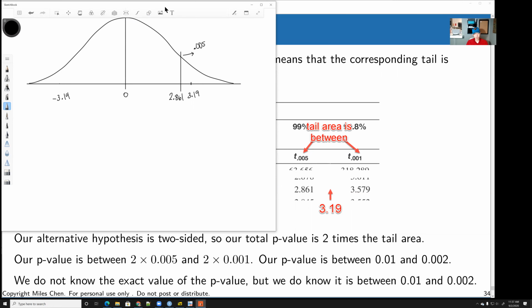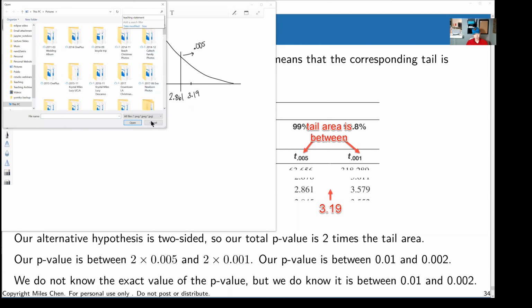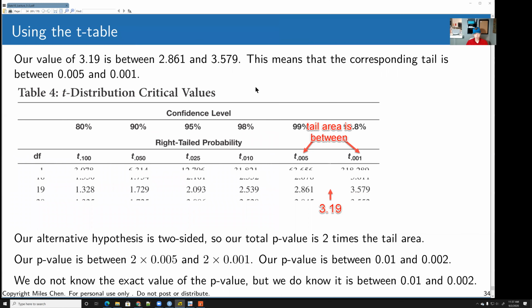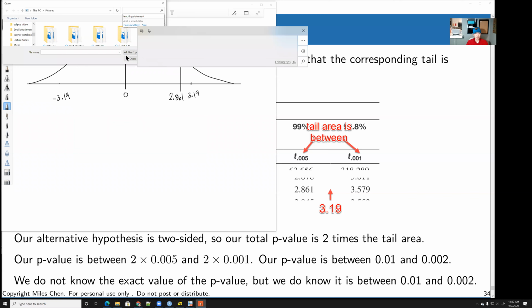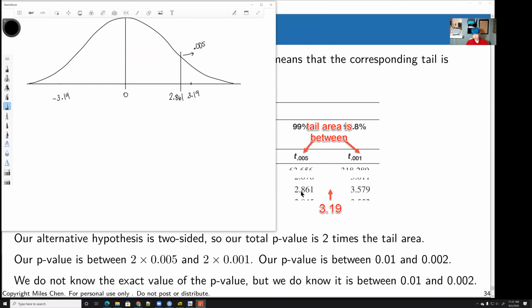If I go further away, from 2.861 to 3.579, at 3.579 the area in my tail here is going to be 0.001. That's what these numbers mean.